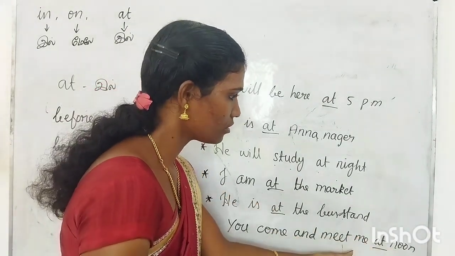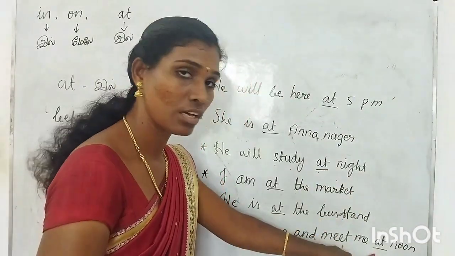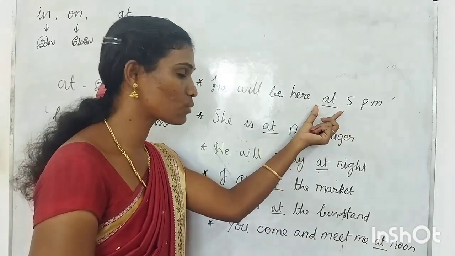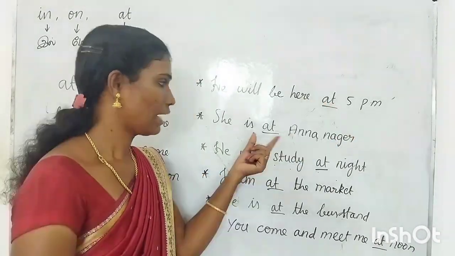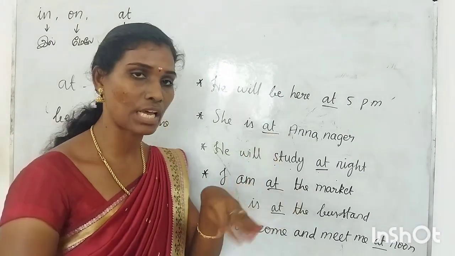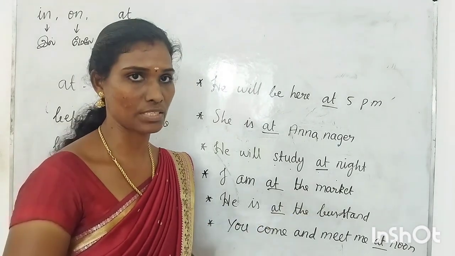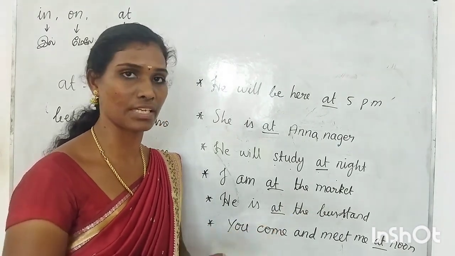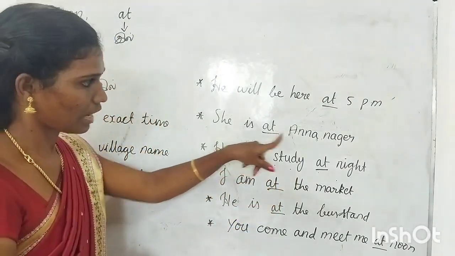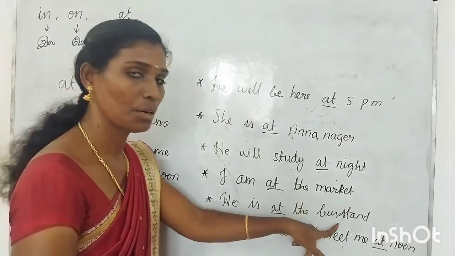So before night and noon we use at. Before the exact time we use at. And thirdly, before a village name or the surrounding areas, wherever we are and wherever those persons are, we use at: at Annanagar, at the market, at the bus stand.